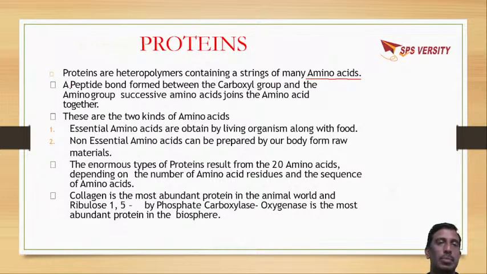A peptide bond is formed between the carboxylic group of one amino acid and the amino group of another. Like this, with the help of peptide bonds, many amino acids are combined to form a protein.